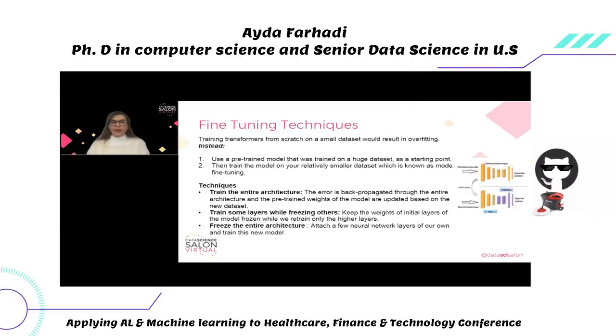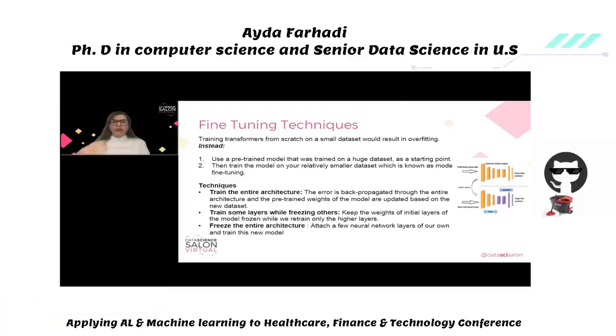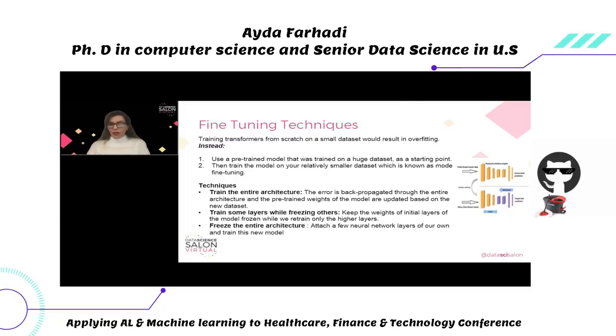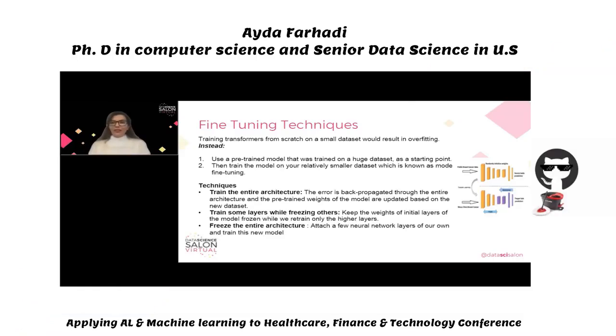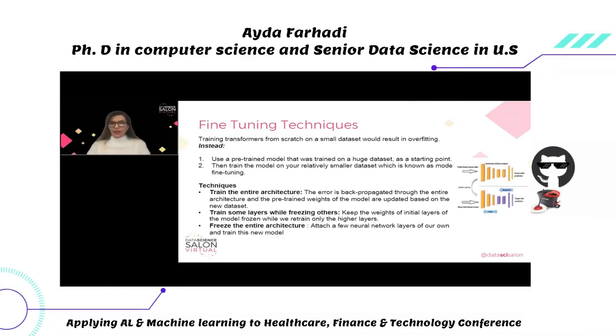And then here are different techniques of the transfer learning. You can either train the entire architecture, in which case it is going to be backpropagated and the pre-trained weights are going to be updated. Or you can freeze some of the layers that are transferred and leave the others alone.